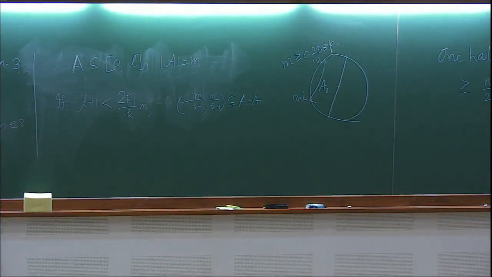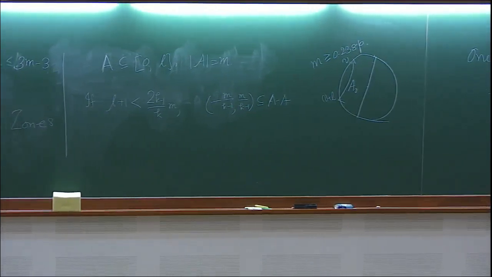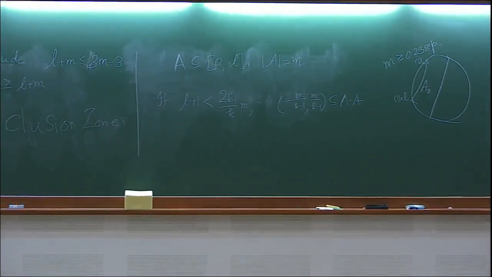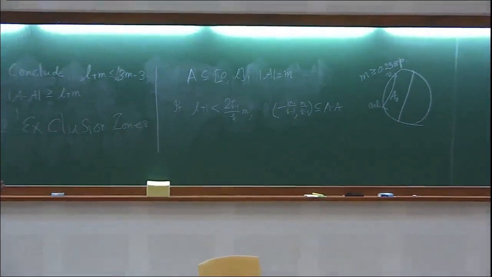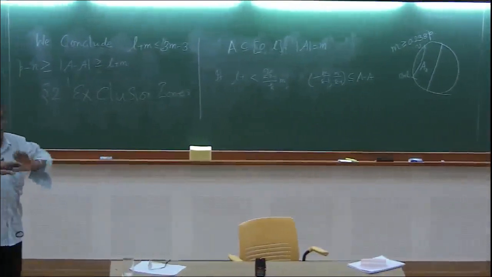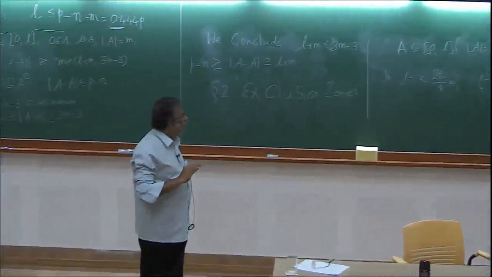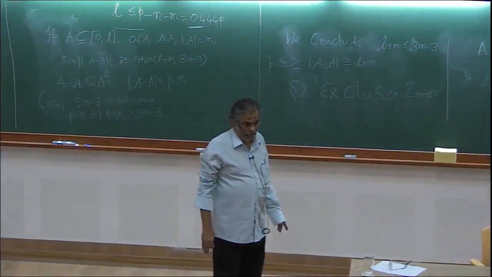Okay? And therefore, whatever is contained in A minus A cannot be in A, because this whole interval, minus M over (k minus 1) to M over (k minus 1), is excluded, provided L plus 1 is less than (2k minus 1) into M.